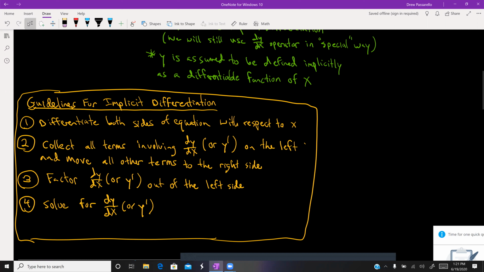So collect all terms involving dy dx on the left side, and move all the other terms to the right side. Then factor dy dx or y prime out of the left side, and solve for dy dx or y prime. These are the guidelines, and I'm going to make sense of them by working out the problem.